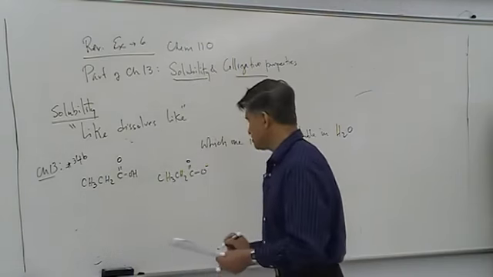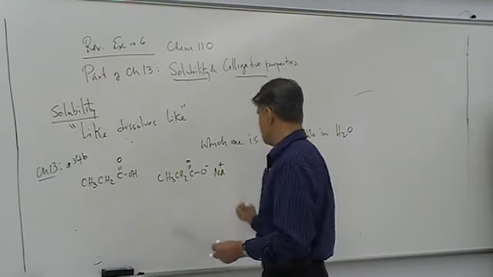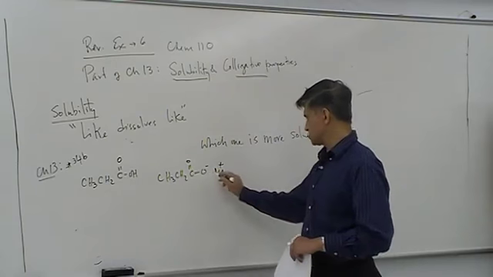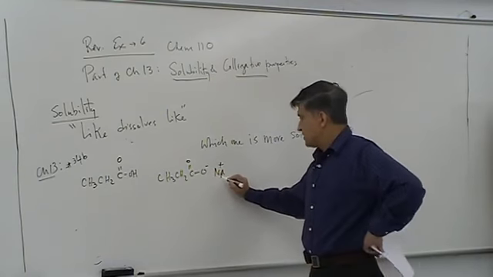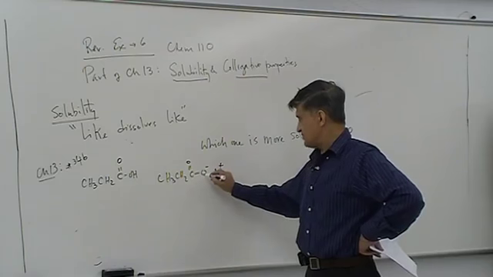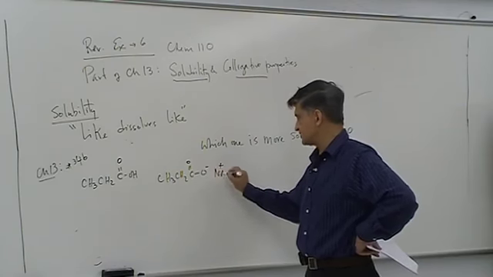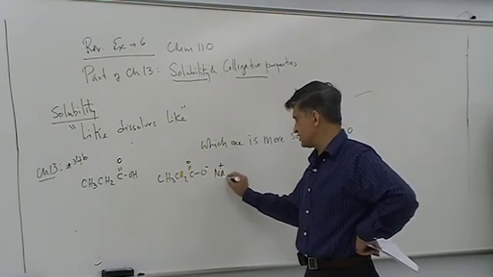The question is, which of these two is more soluble? This is an ionic compound, they gave you sodium. Now how do I know this is ionic? Sodium is from far left of the periodic table, and oxygen is from far right. So there is a huge electronegativity difference, and so you'd expect an ionic bond between oxygen and sodium.